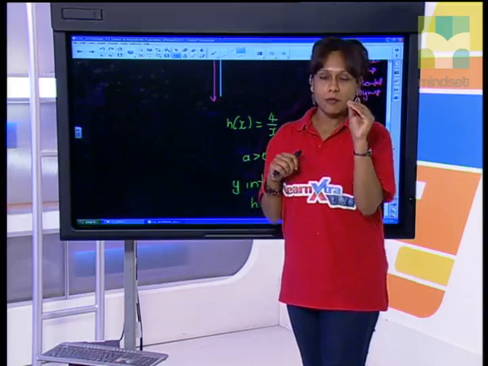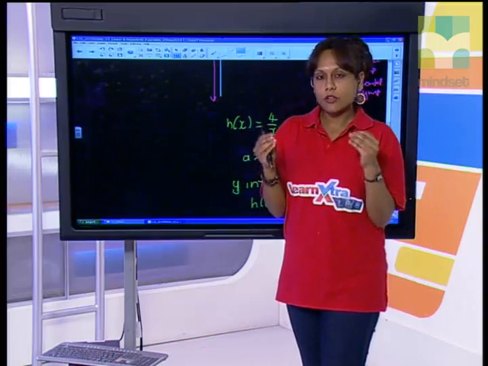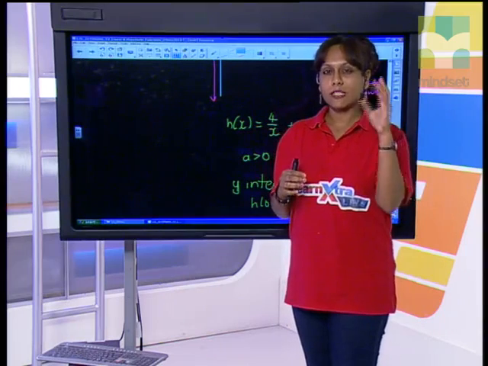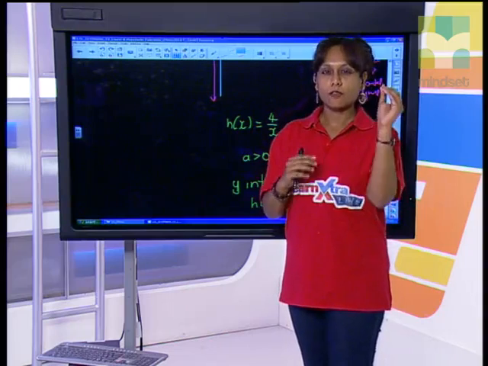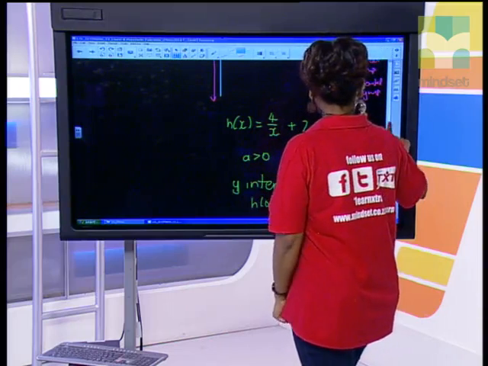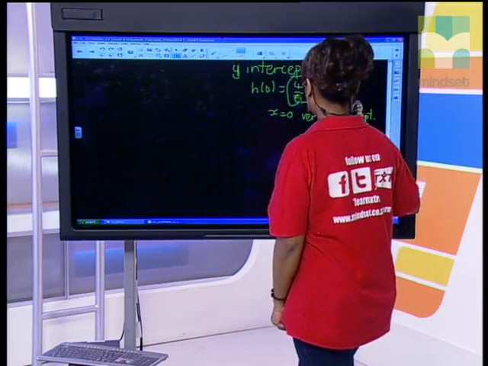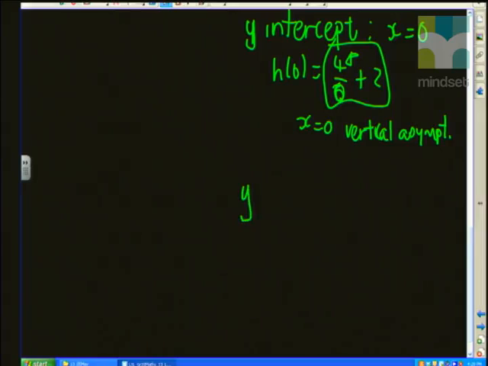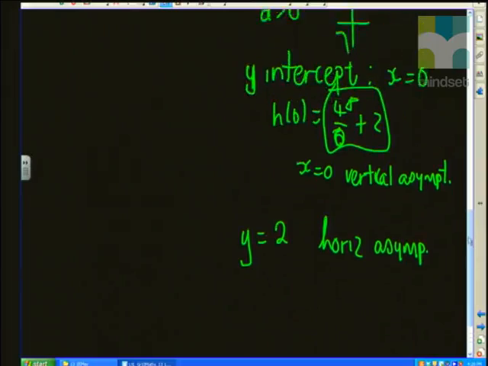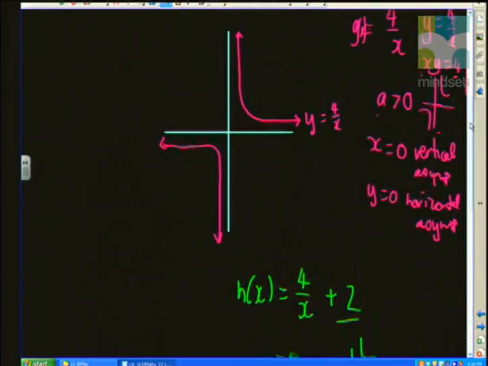Because remember, we've said at the outset, when you've got a hyperbola of the form y is equal to a over x plus q, the value y is equal to q is your horizontal asymptote. So therefore, my other asymptote, my horizontal asymptote, is y is equal to 2. So we need to put that onto the graph. Let's just get a nice color so that we can see it clearly.